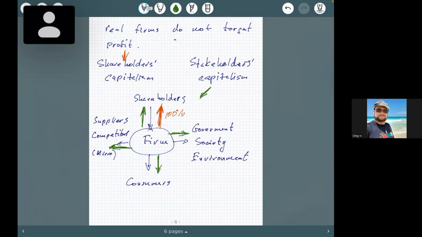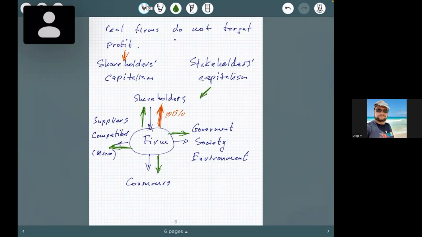Now, other countries, especially Europe and Japan, Canada and Australia, pretty much most other countries with different levels, operate in a different belief system. They believe that whatever company is existing, it has to contribute positively to all of the players.